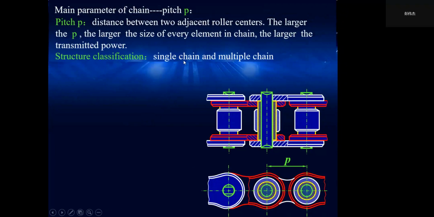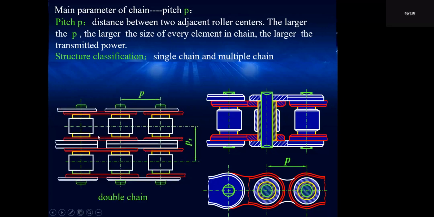When a higher power is to be transmitted, a multiple strand roller chain is required. Like this. This is a double strand roller chain.